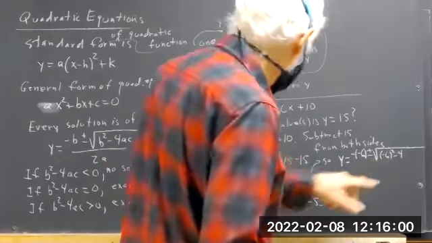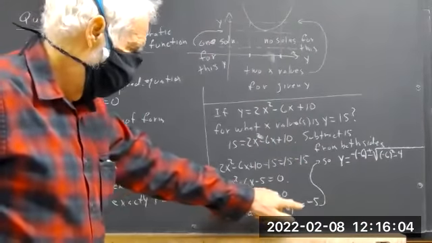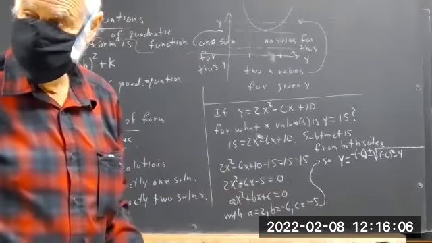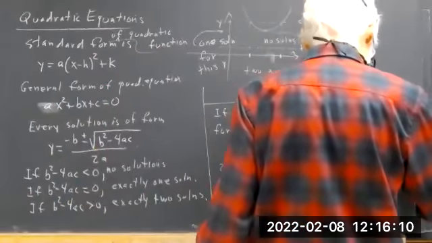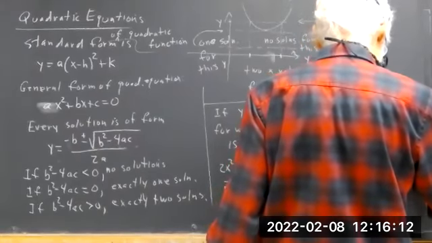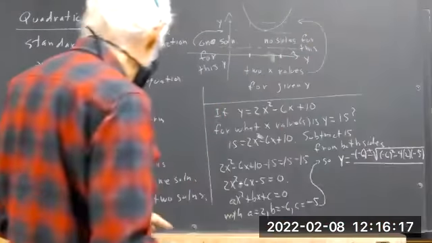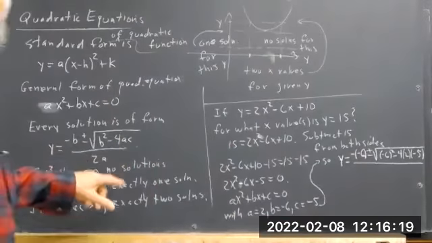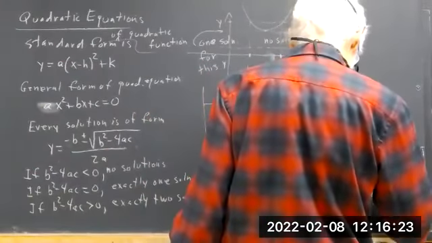Well, all we needed up to this point is b, but now we need a and c, so we look back and make sure a is 2, c is negative 5. So that's 4 times 2 times negative 5. And that's all over 2 times a, which is 2 times 2.